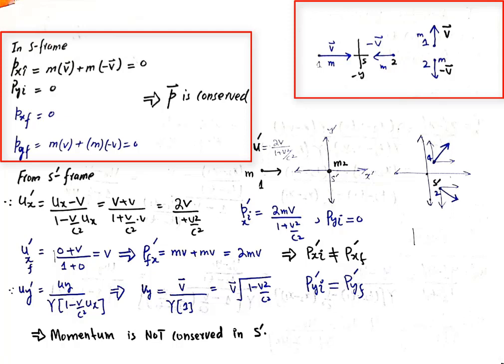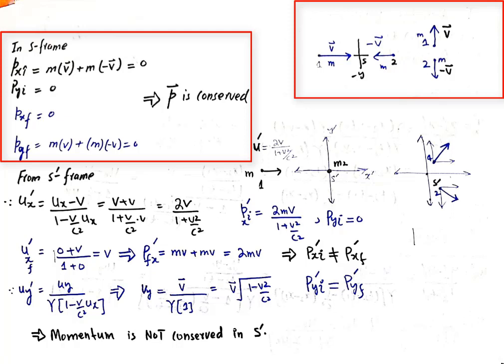After the collision, the particles move along the y direction and there is no motion along the x-axis. So the final momentum along x is 0, and the final momentum along y is mv plus m(-v), which is also 0. So momentum conservation is satisfied here.